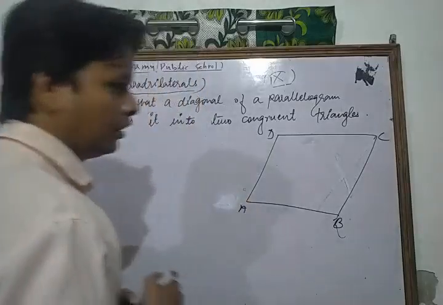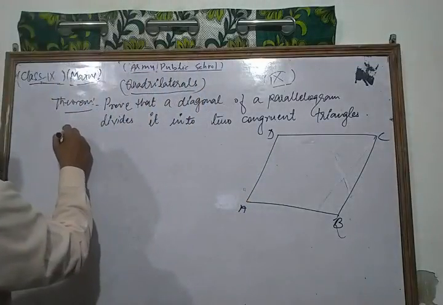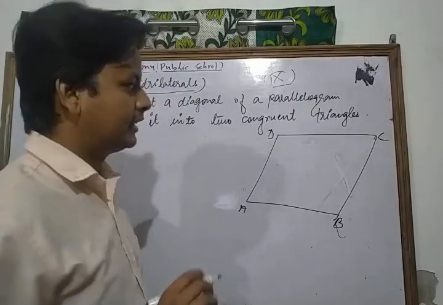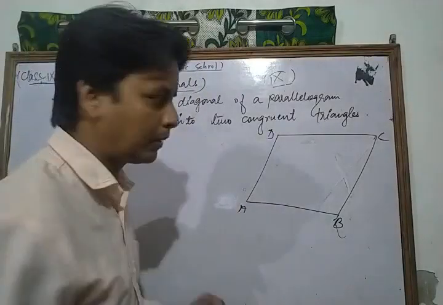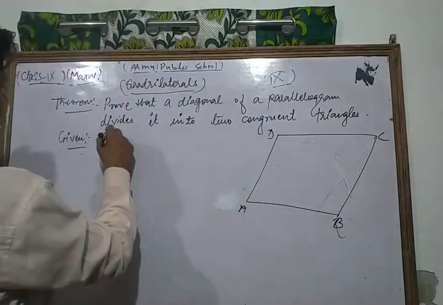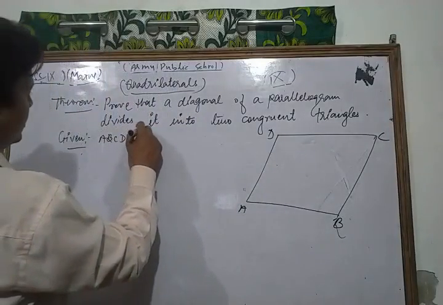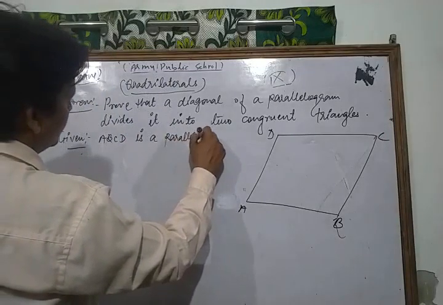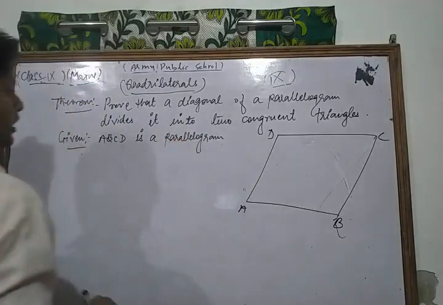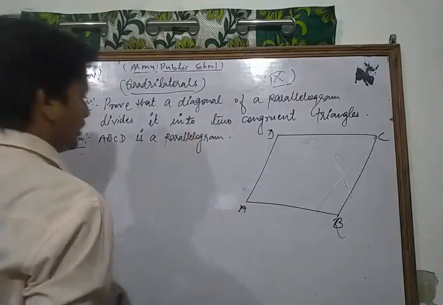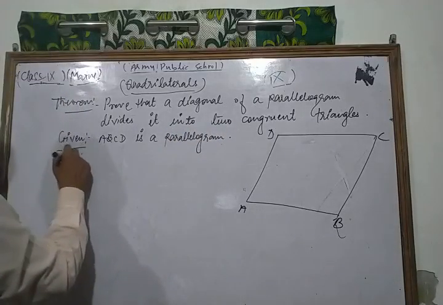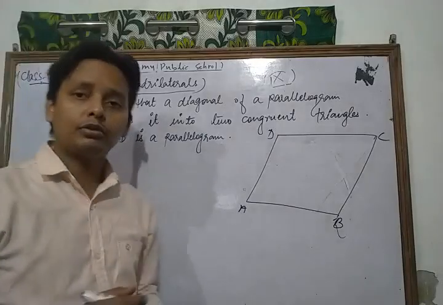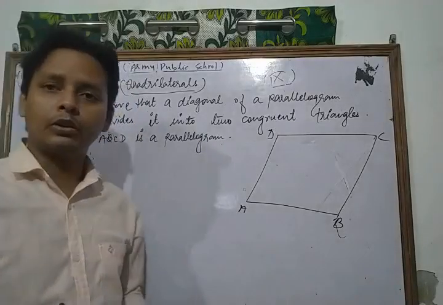So first of all we write given. In given we write ABCD is a parallelogram. Then we write to prove. We have to show that the diagonal of a parallelogram divides it into two congruent triangles.